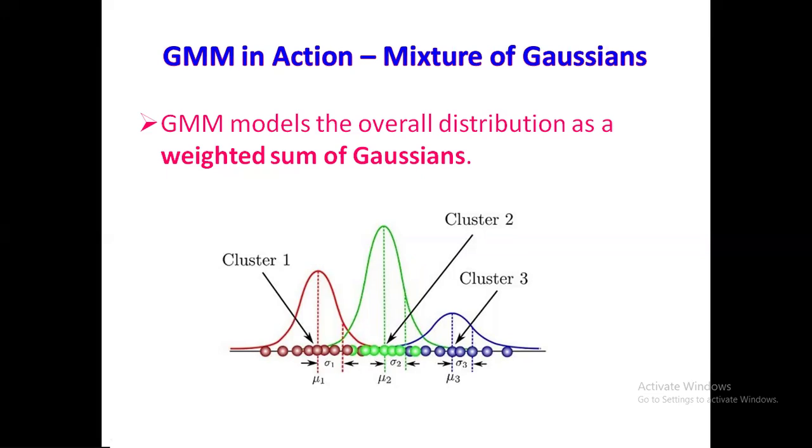The use of multiple Gaussians allows GMM to fit complex data shapes such as multiple peaks or overlapping clusters, which cannot be achieved with a simpler clustering algorithm like K-means. See here, we are finding various clusters. So this model will give us the weighted sum of Gaussians. This is one Gaussian function, see the bell-shaped function. This is cluster 2, this is cluster 3. So we are going to get the output of the weighted sum of all these clusters in this GMM.